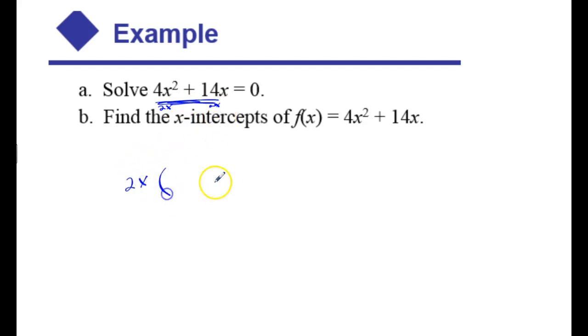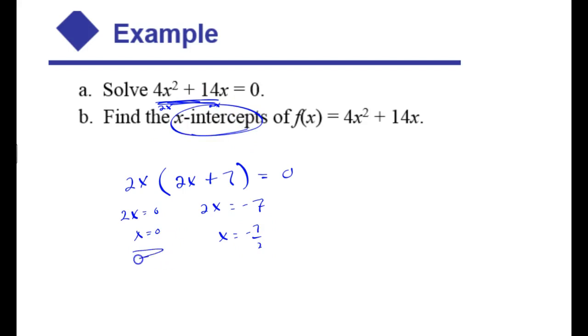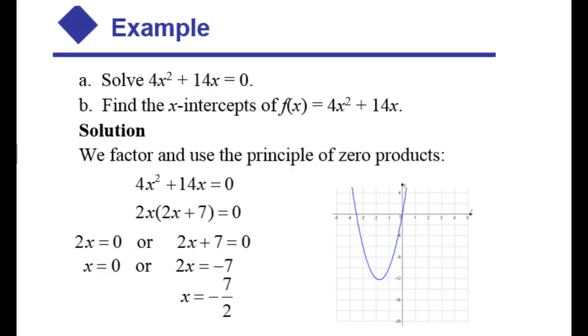So if I factor out a 2x, what's left is 2x plus 7. And then I'll set each factor equal to 0. So 2x equals 0 when x is 0, and 2x equals negative 7 when x is negative 7 halves. So those are the x-intercepts, 0 and negative 7 halves.